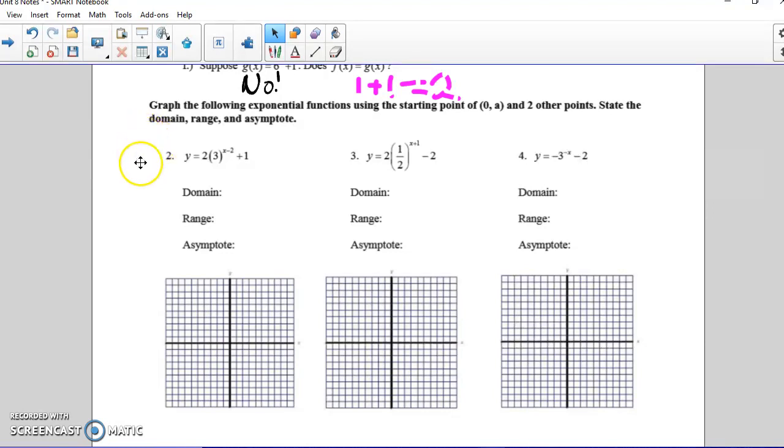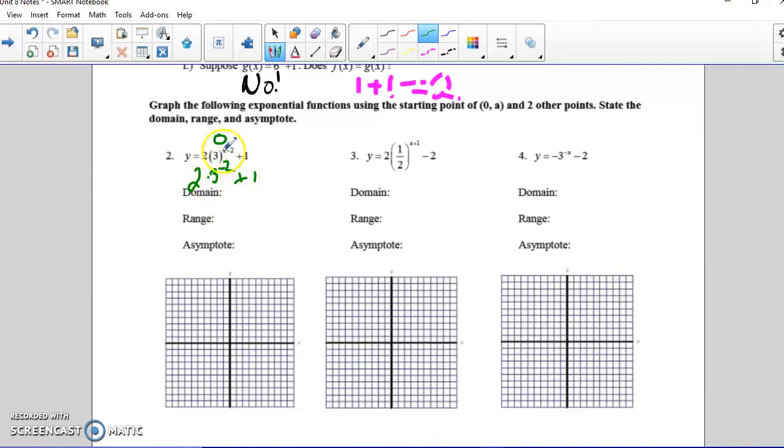So let's think about number 2. Let's first off start by plugging in the point where x is 0. If I were to plug in 0, I would get 2 times 3 to the -2 plus 1.